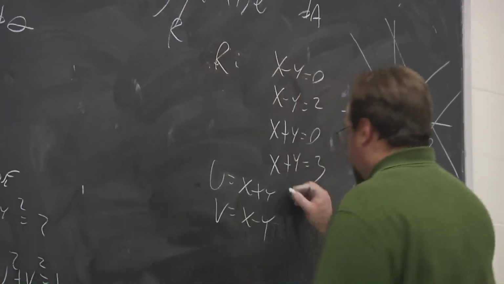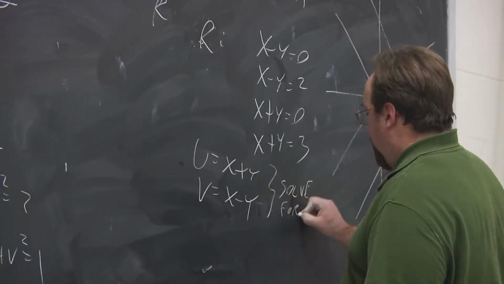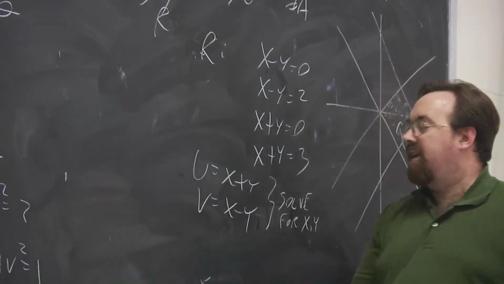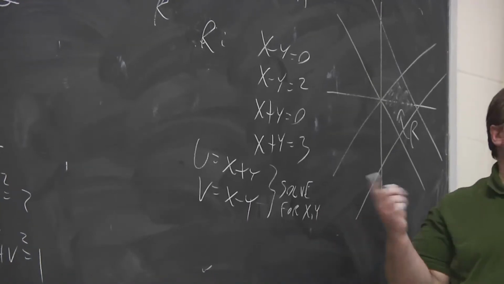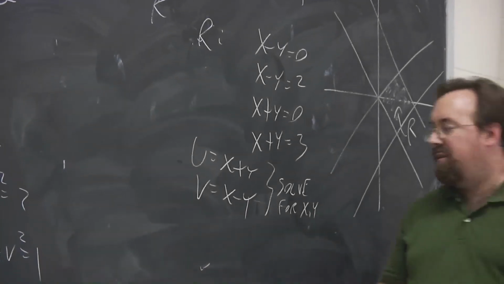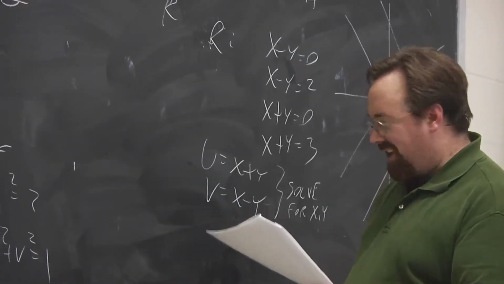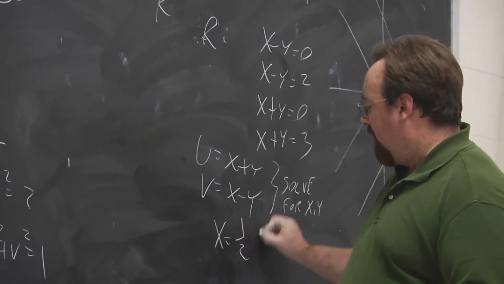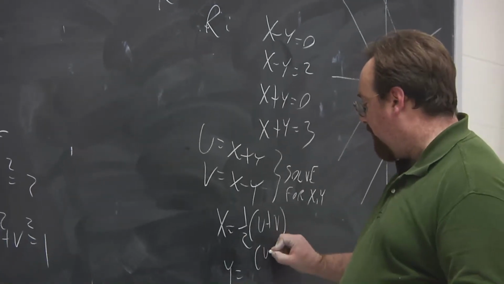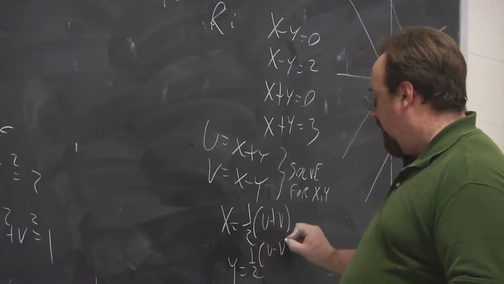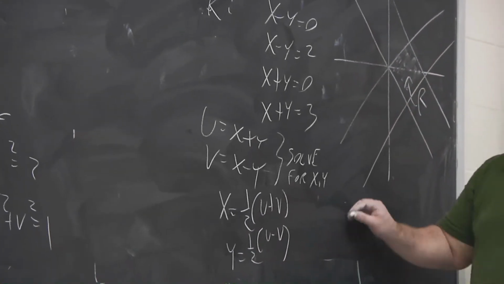So you need to solve these for x and y. These are linear equations, so that's something that you can do. What you get is x is u plus v over 2, y is u minus v over 2.